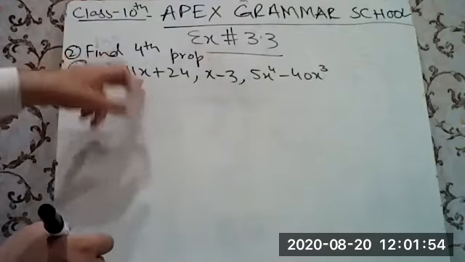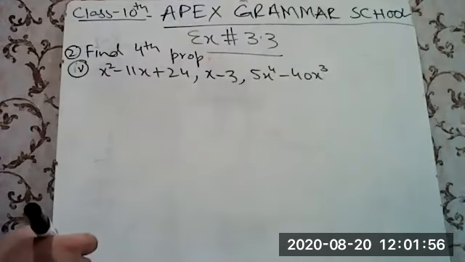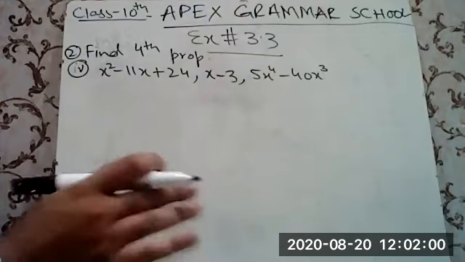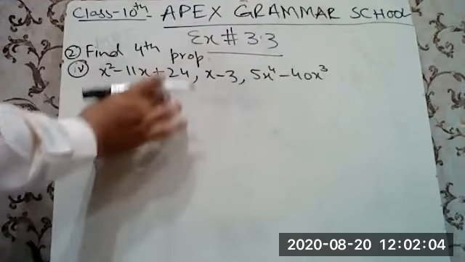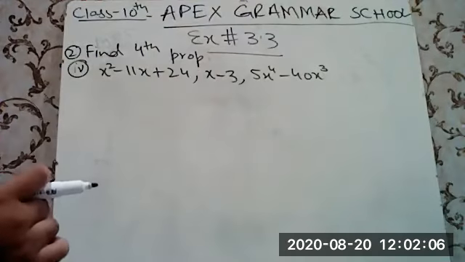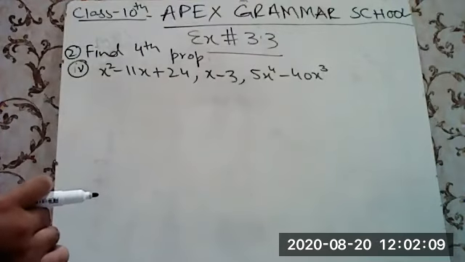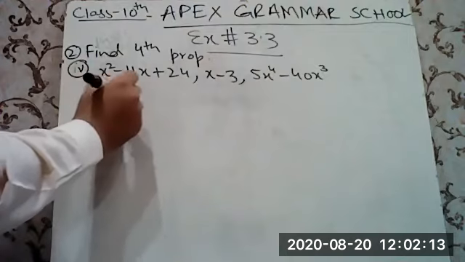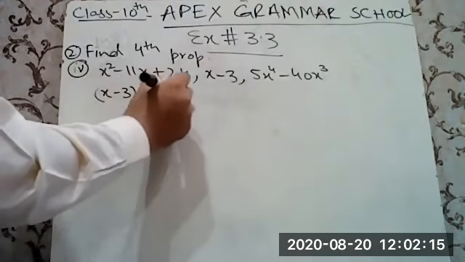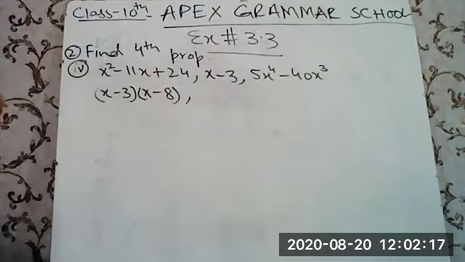x square minus 11x plus 24, you are already familiar with middle term breaking. You can easily do this. After solving this middle term breaking, you will have x minus 3, x minus 8. This is its middle term breaking answer.